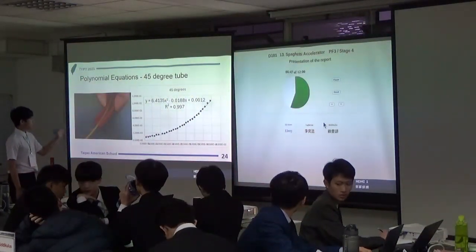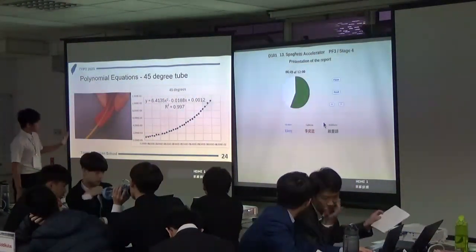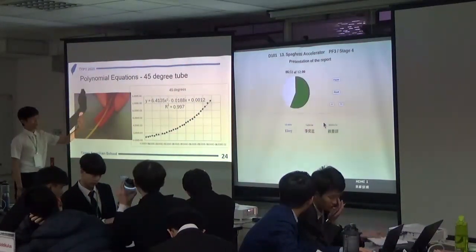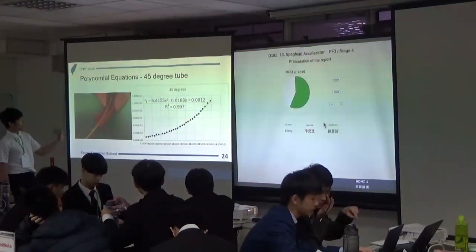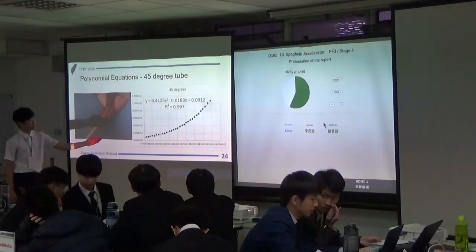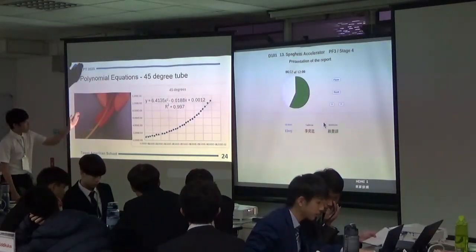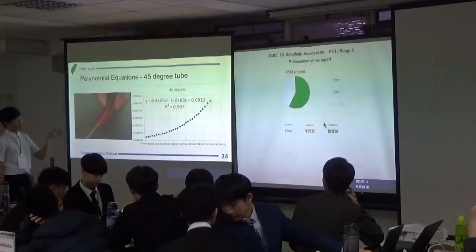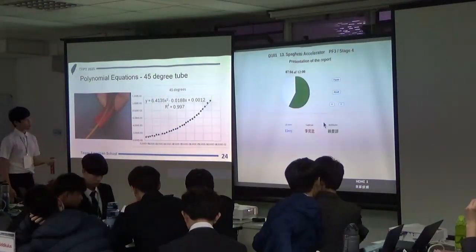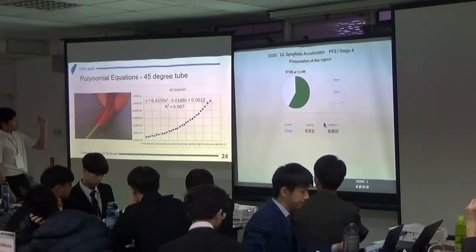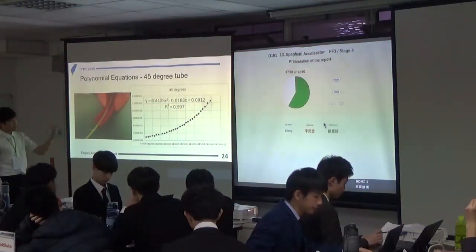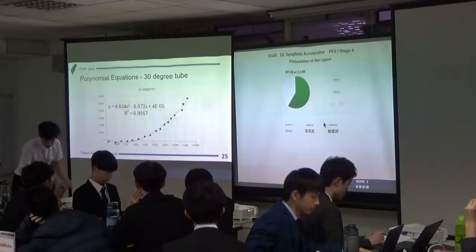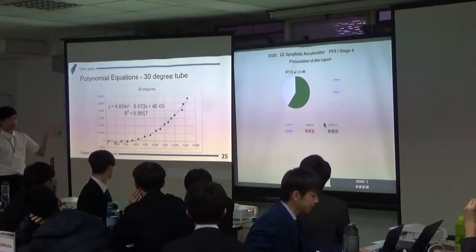As we can see here in this 3D frame, the spaghetti is bent right before it breaks, meaning that we can track each point along the spaghetti to form a polynomial equation like this. And we can see that the constants can be substituted into our model that we showed earlier, which will help in our calculations. This is the polynomial equation for the 30-degree tube.